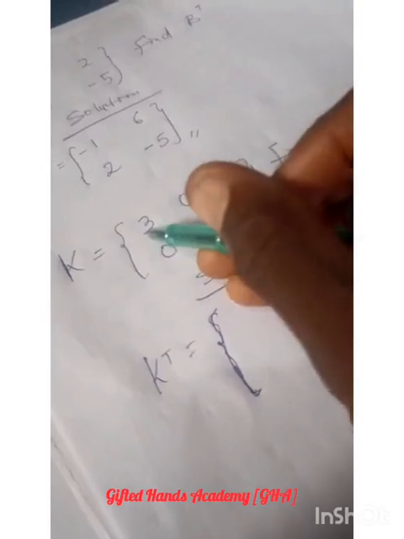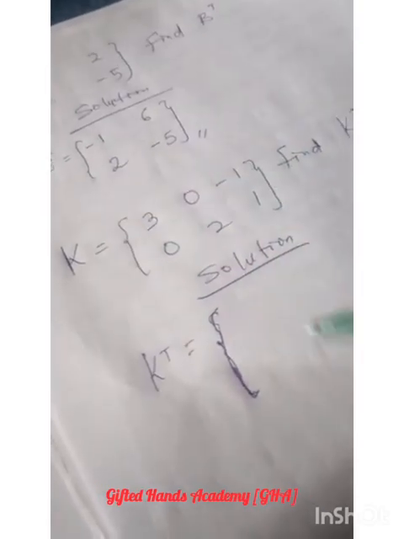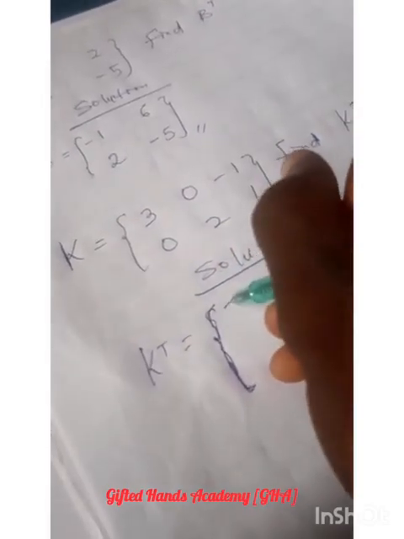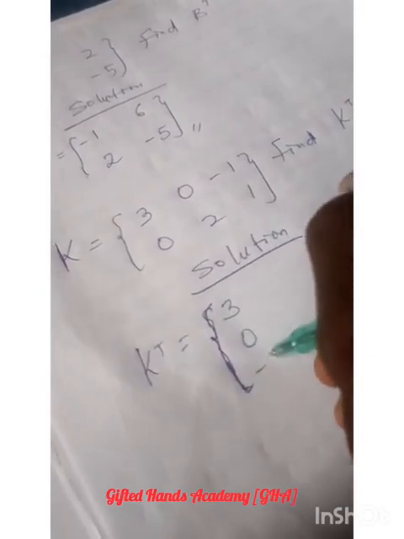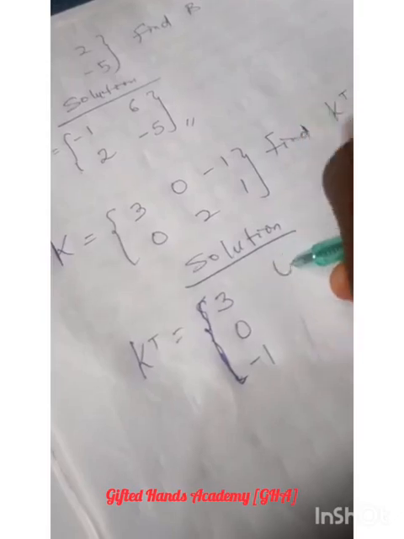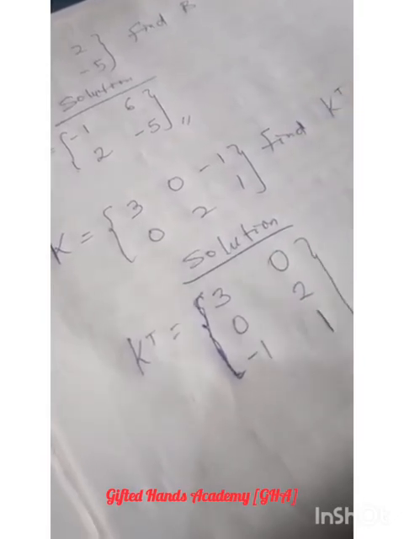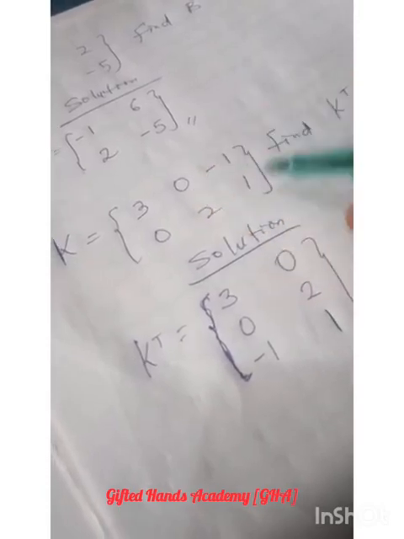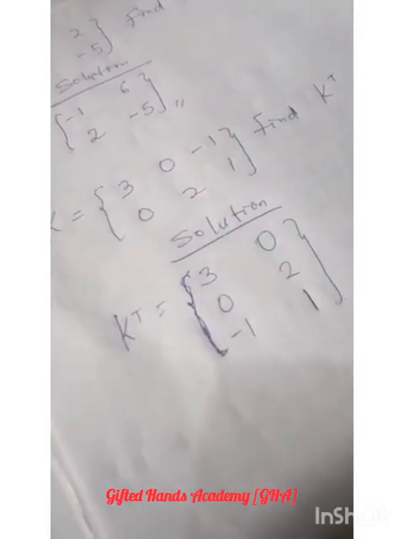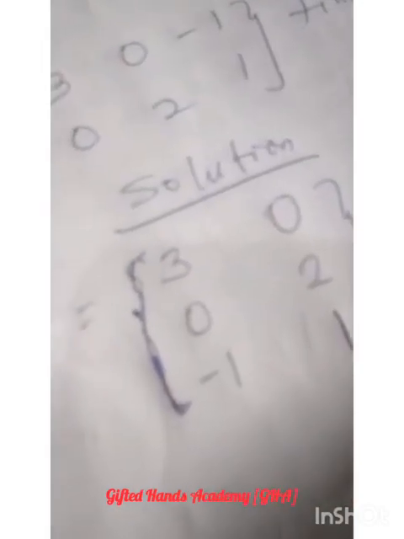So this is my row, I'll turn it to column. That's transpose. So this 3, 0, minus 1. Then this is 0, 2, 1. So I've turned all the rows to become columns. So that's K transpose.